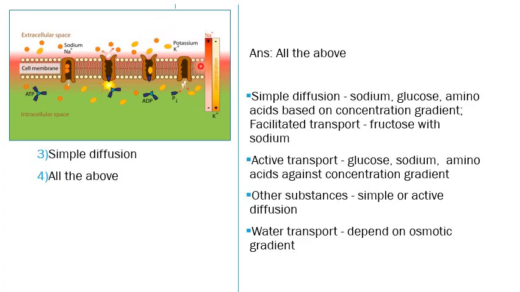Once saturation occurs and they become equal, these same nutrients, that is sodium, glucose as well as amino acids, now have to move actively against the concentration gradient, that is from the lower intraluminal level to the higher intracellular level. So for that we need this system called active transport.